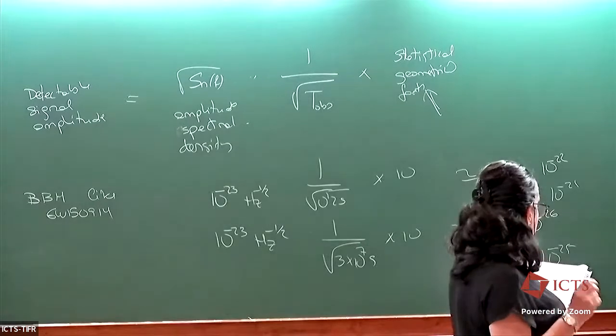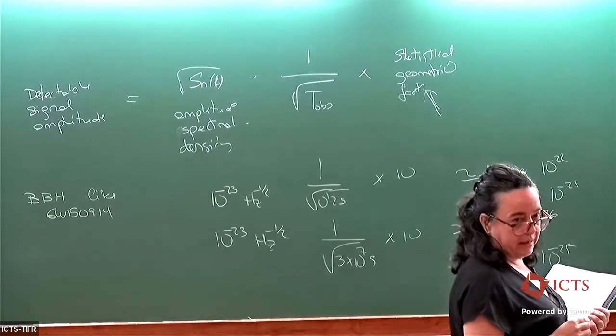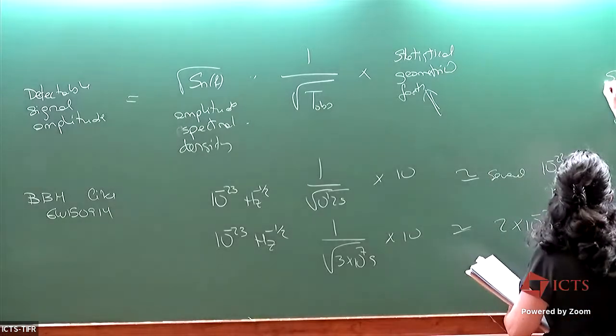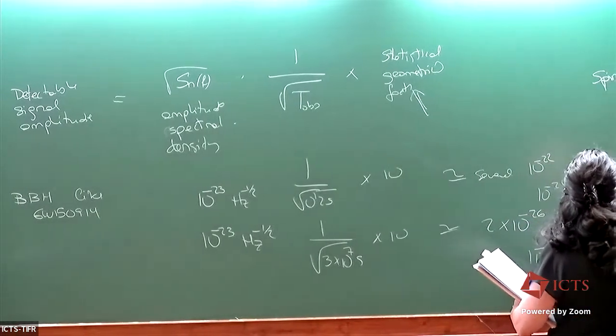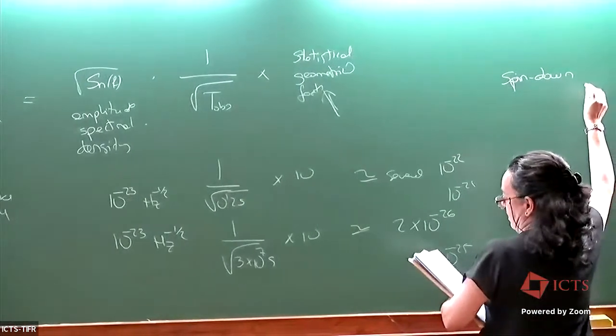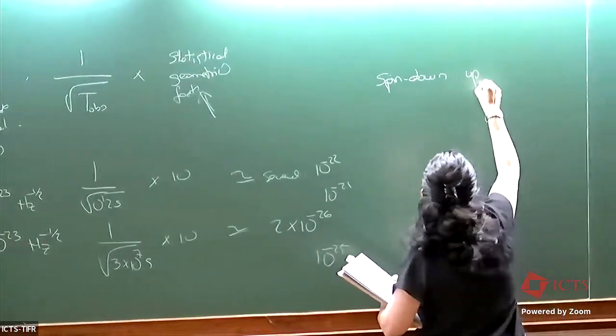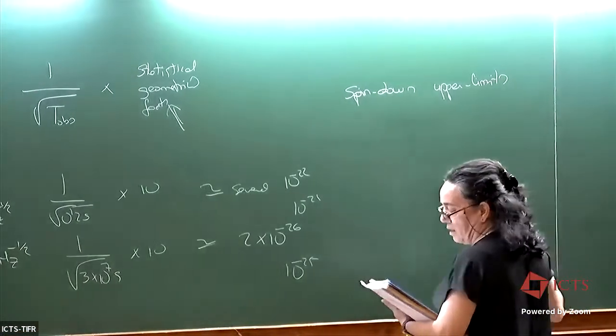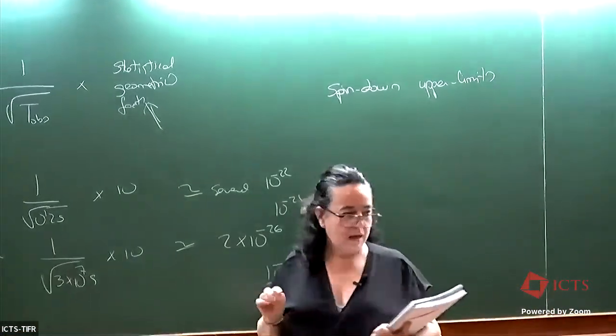Another quantity that I would like to mention, that I guess maybe Keith will also explain, is the so-called spin-down upper limits of the known pulsars.